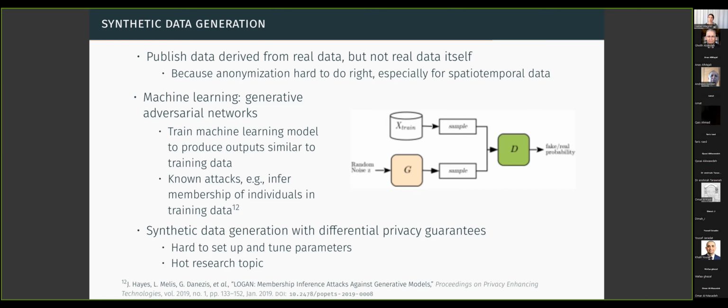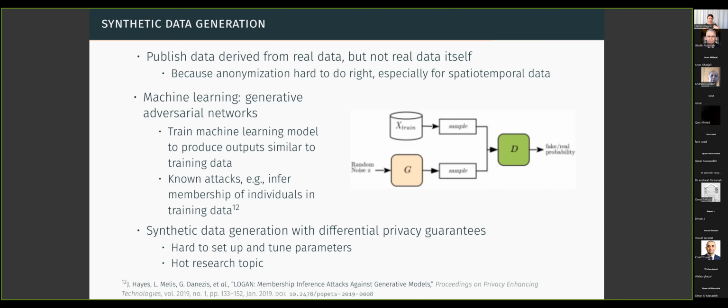So here you could say, well, the generator never sees the training data. And therefore, this preserves privacy. But unfortunately, that's not the case. There have been many known attacks proposed in the last 2 years, where, for example, someone could infer whether specific individuals are in the training data or not.